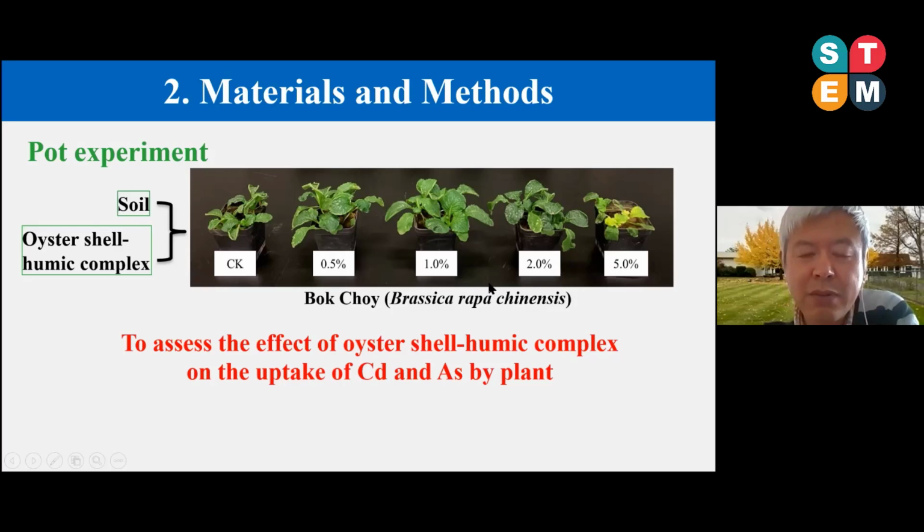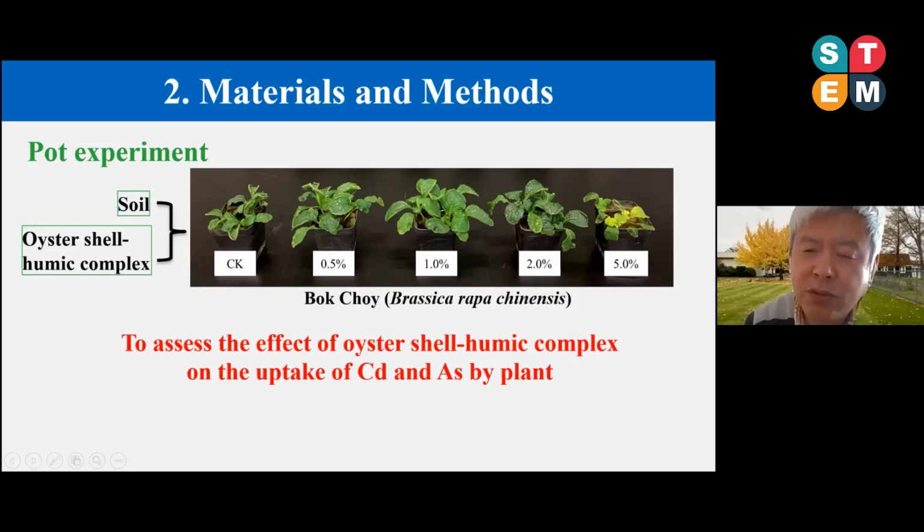As you can see from the figure, if you add too much of the amendment, it will affect the plant growth. Here the plant is a commonly consumed vegetable called bok choy. It's a really popular vegetable.